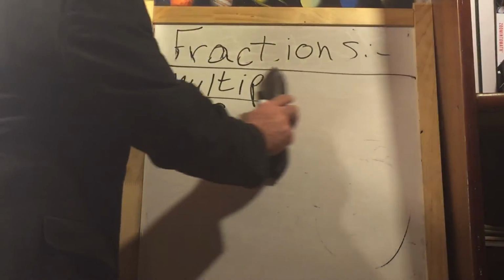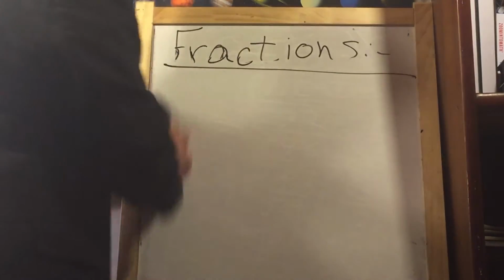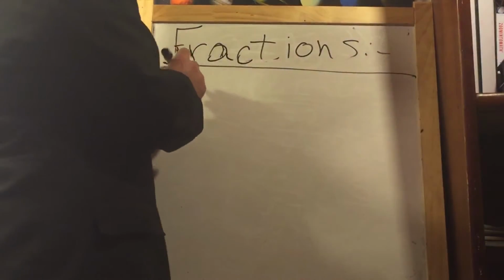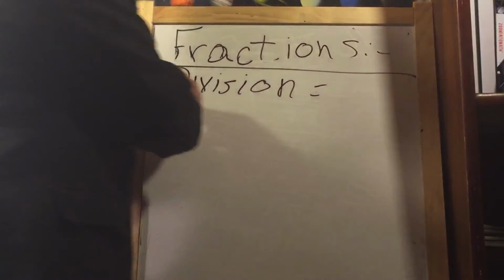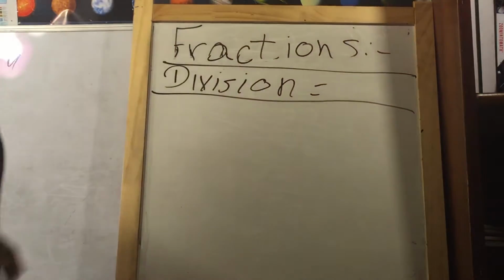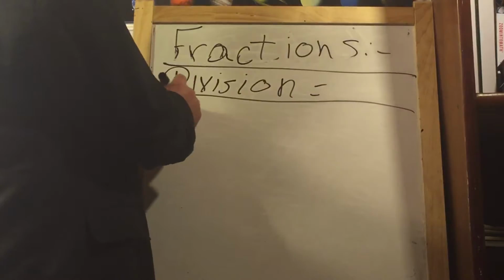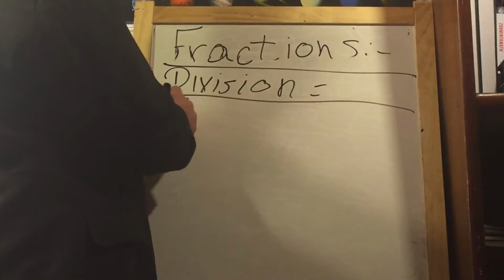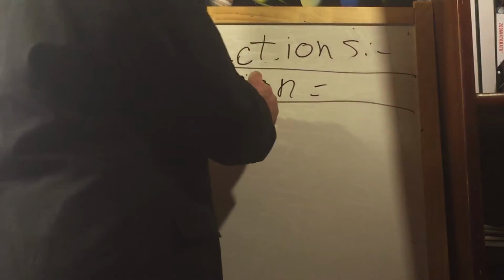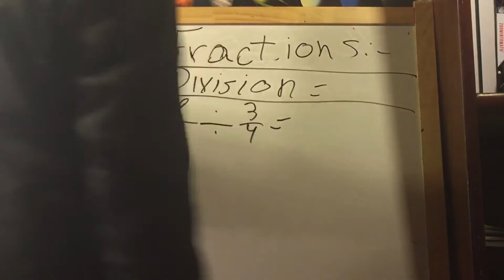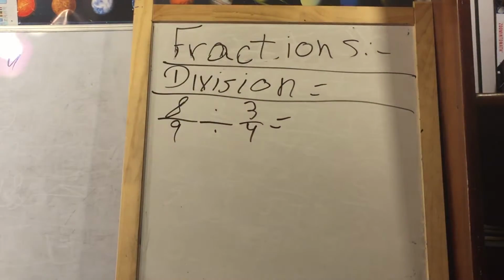How about division of fractions? Division of fractions is also very easy. If we have a fraction like 8 over 9 divided by 3 over 4, what do you do?